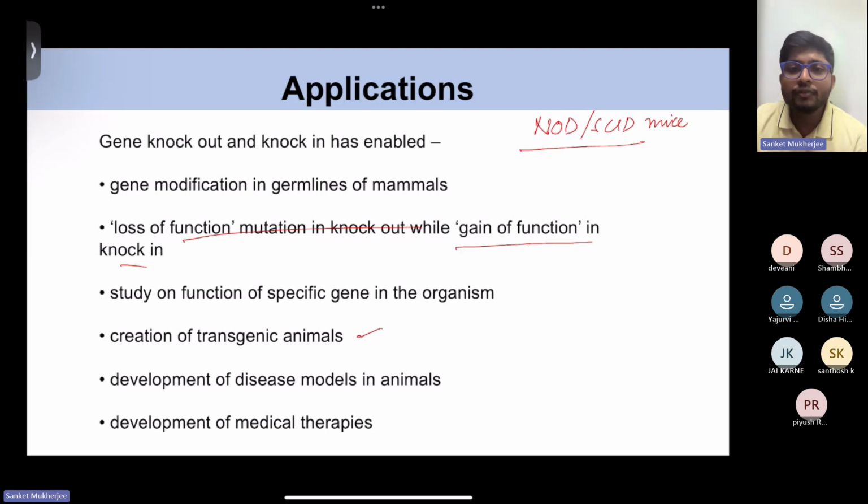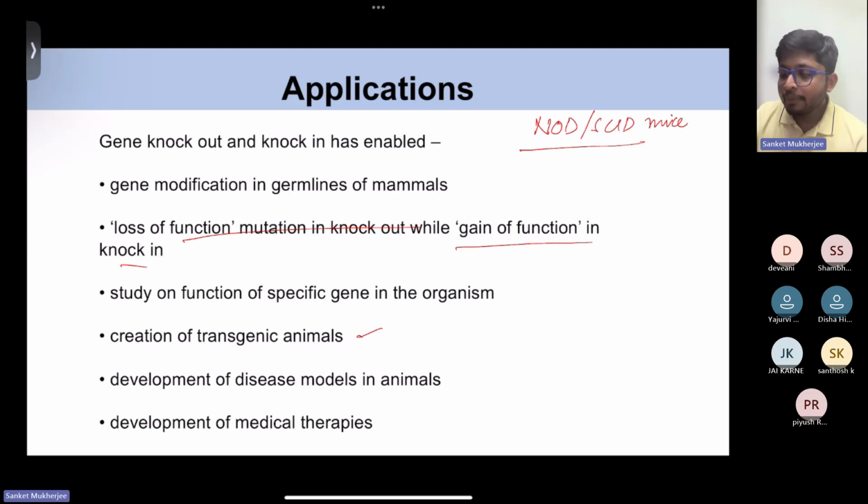Essentially, we can reverse a mutation, for example, in case of sickle cell anemia, where there is a point mutation, you must be aware of it. Similarly, in case of beta thalassemia, there is a mutation which is present. So it is possible to reverse those mutations if we use gene therapy. However, it is still not in practice.